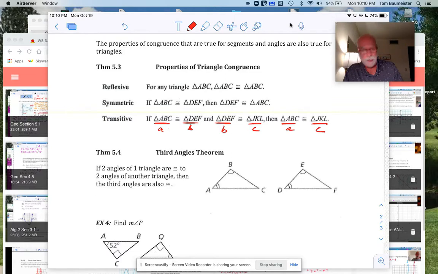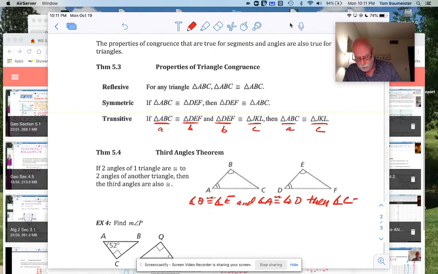So in this case here, I have angle B is congruent to angle E, and I have angle A is congruent to angle D, again, because they're marked the same, then we know by this weird theorem that I can say that angle C is congruent to angle F. And remember, if they're congruent, then we know that their measures are equal.